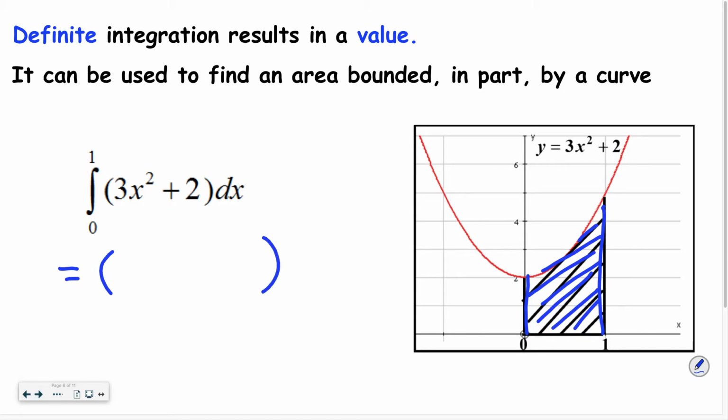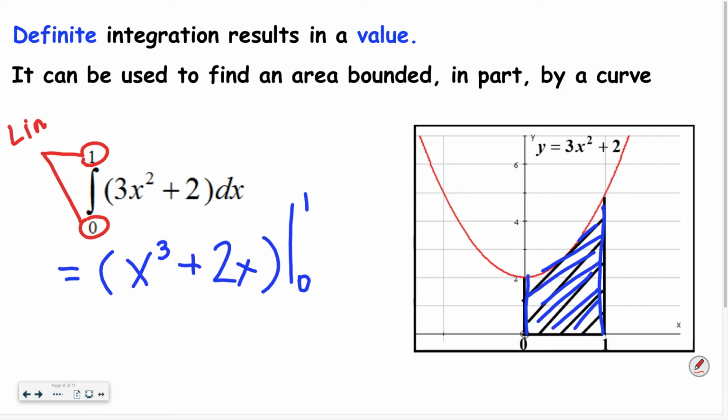What we can do is take the antiderivative and evaluate it from 0 to 1. So, the antiderivative of 3x squared plus the antiderivative of 2. Then you make this vertical bar, which means evaluate, and you take your limits of integration and place them there. These are called limits of integration.